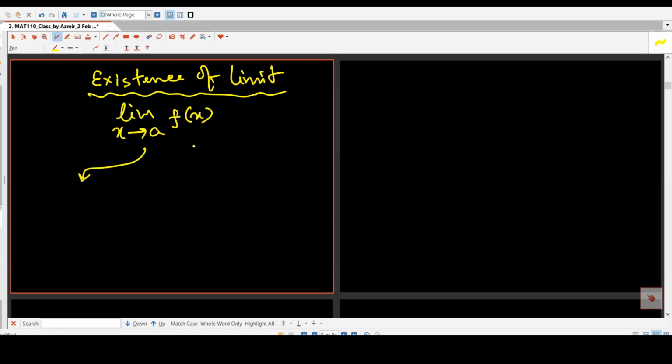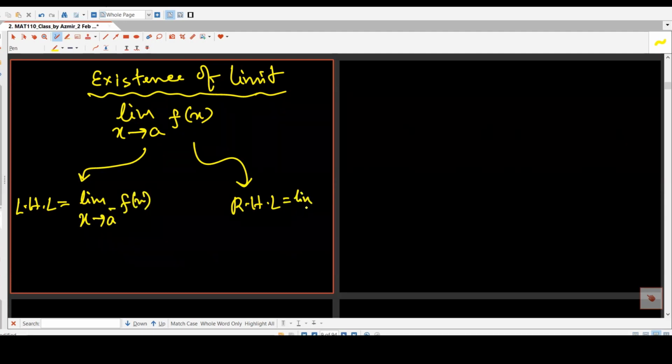So the limit will exist if left hand limit and right hand limit both are finite and both are the same. So limit x tends to a minus f of x, limit x tends to a plus f of x, if these two are finite.